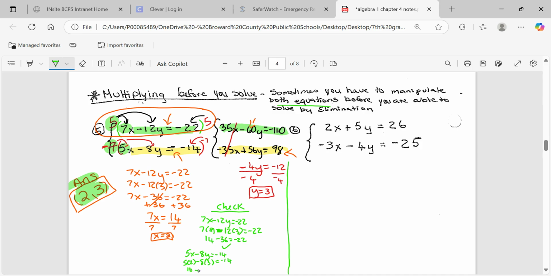So now we have 10 minus 24 equals negative 14. And yep, that's true. I am done. I knew for a fact my answer is 2, 3. I want you to pause now and try out number 6. I know it's a little bit rough, but pause and try out number 6.